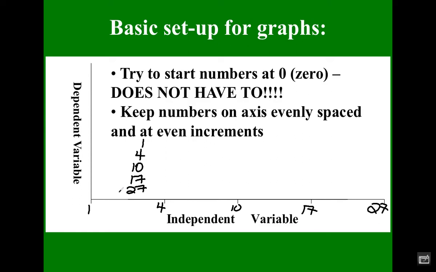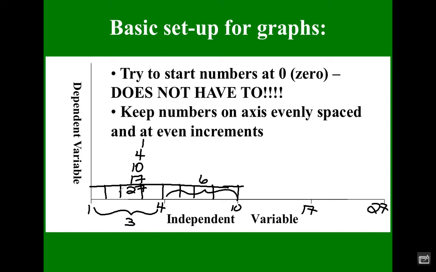And this is where the even increments come in. The value from here to here is 3, but the value from here to here is 6. Now this is the same distance. It's still 4 squares. 1, 2, 3, 4, 1, 2, 3, and 4.